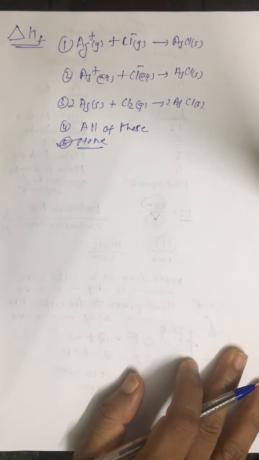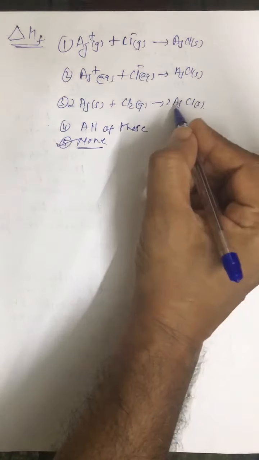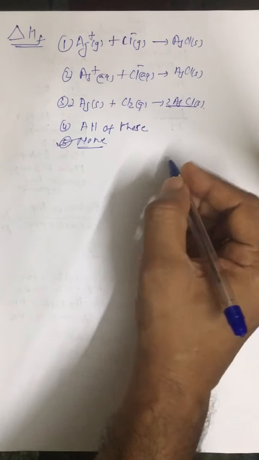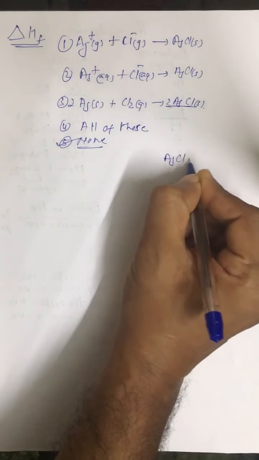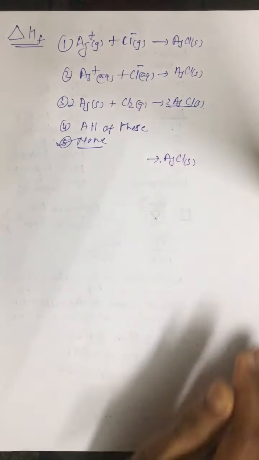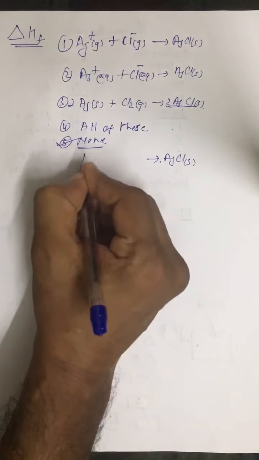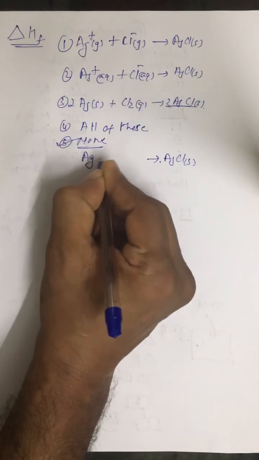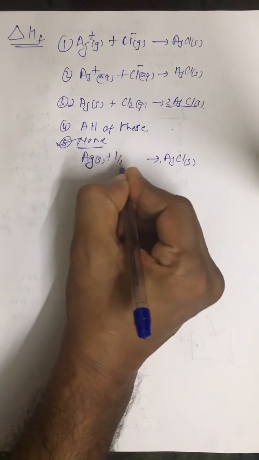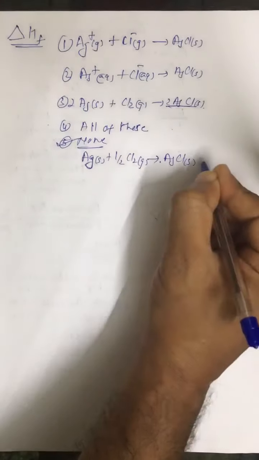Again, be careful with the definition. It says change in enthalpy of a system when 1 mole of a compound, that is AgCl solid, is formed from its component elements. What are the component elements? Silver solid plus half of Cl2 gas. This reaction represents heat of formation.